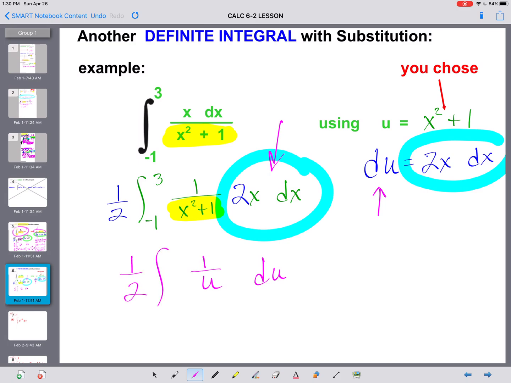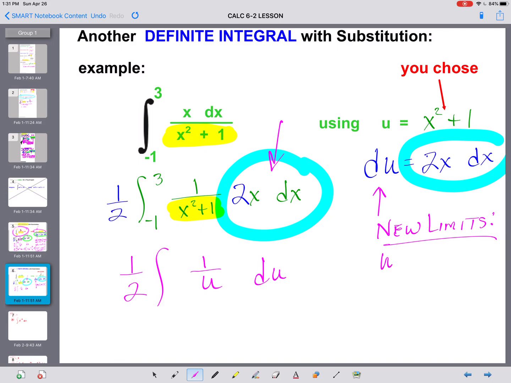Now, don't do anything yet. We need new limits. Again, why do I have to get new limits? Because the negative 1 and the 3 were the limits when the variable was x. My variable now is u. I have to get new limits.